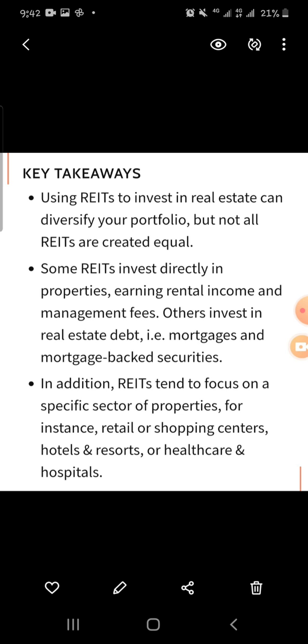So some REITs invest directly into properties, earning rental income. Some of these real estate investment trusts invest in direct properties, and they earn rental income and management fees. Others invest in real estate debt, maybe mortgages and mortgage-backed securities.